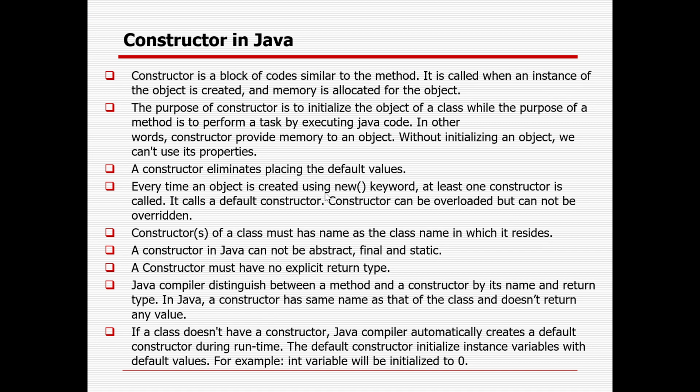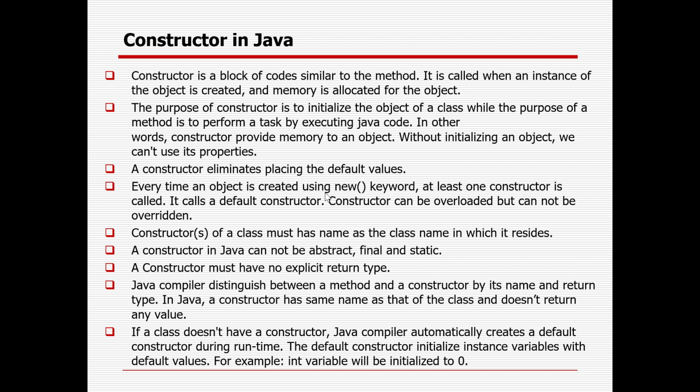Then the constructor will come in the context of methods. Method overloading I will be covering in the Java OOPs concepts, like tomorrow, where we can create a similar kind of method with changing the arguments or the data type. So a constructor is a block of code similar to a method. It is called when an instance of the object is created and memory is allocated for the object.